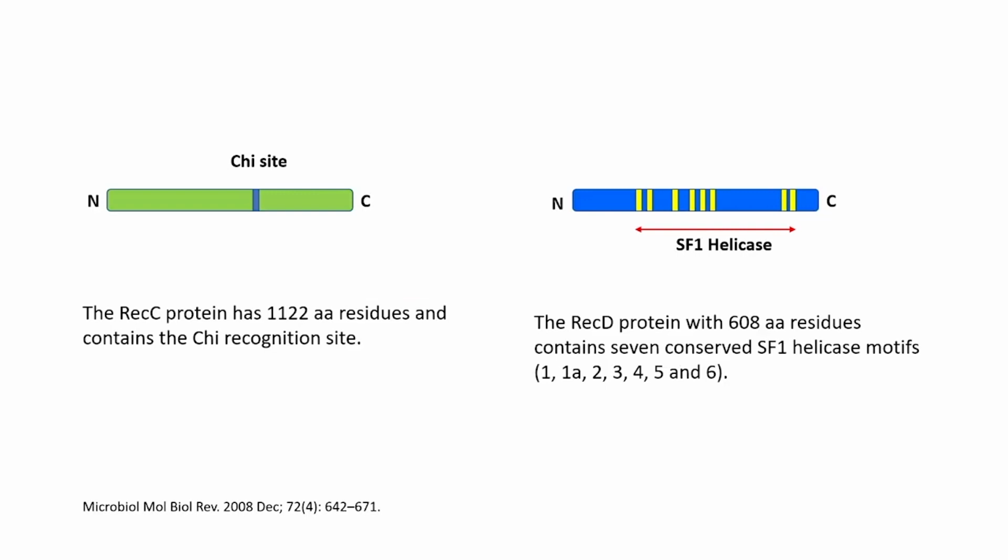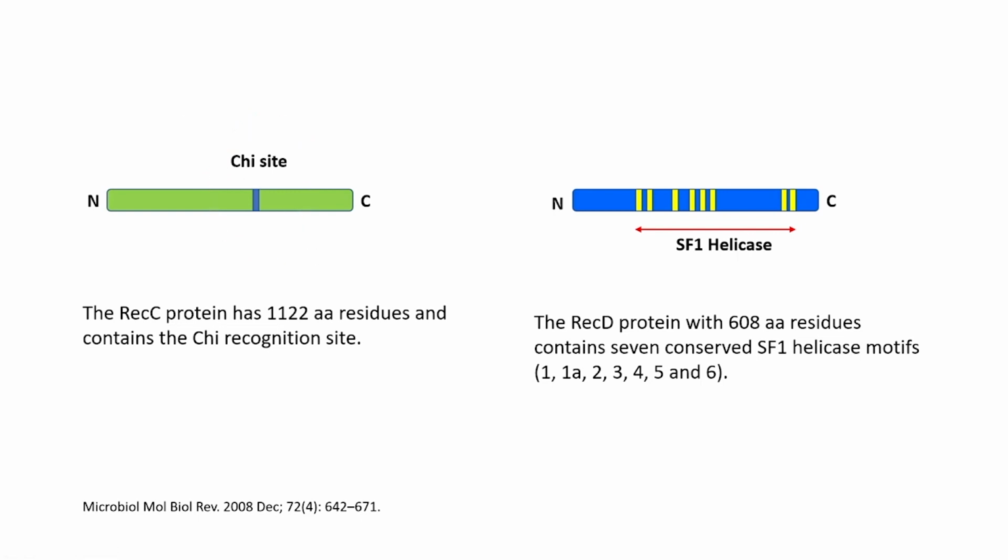The other 2 components of the RecBCD protein are RecC and RecD. So, in RecC there are around 1122 amino acid residues, and these contain the important region called the chi recognition site.